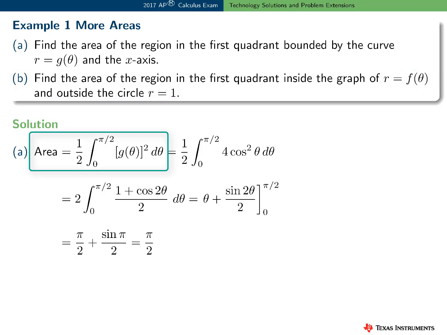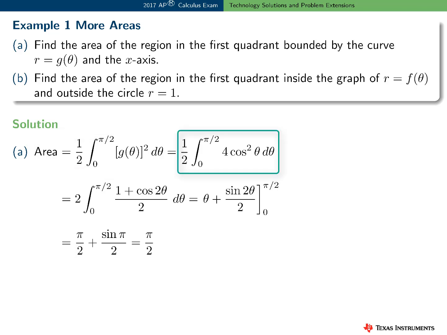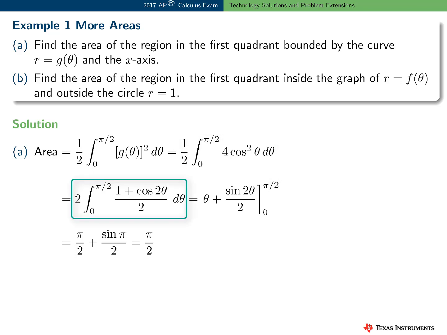In part A, I need to use the formula for area of a polar region. And I'm going to solve this problem analytically before considering technology. So I use the expression for the function g, and then the half-angle formula. I can then integrate term by term.